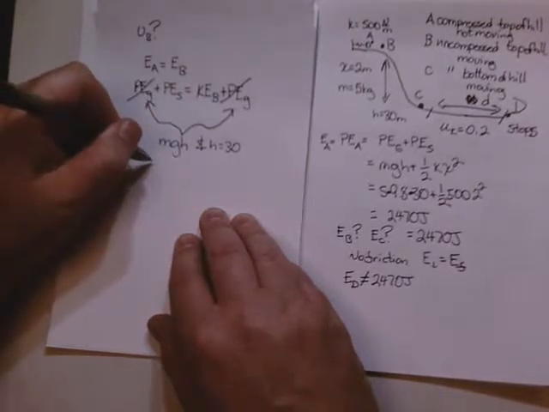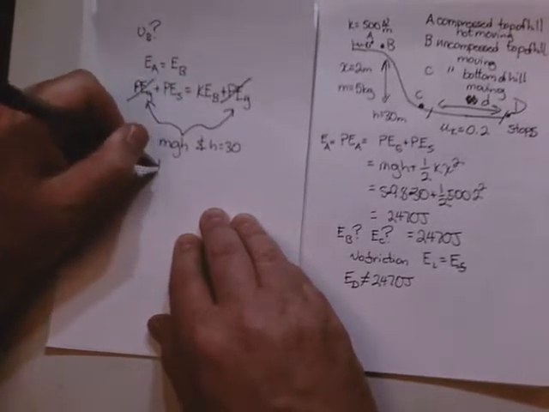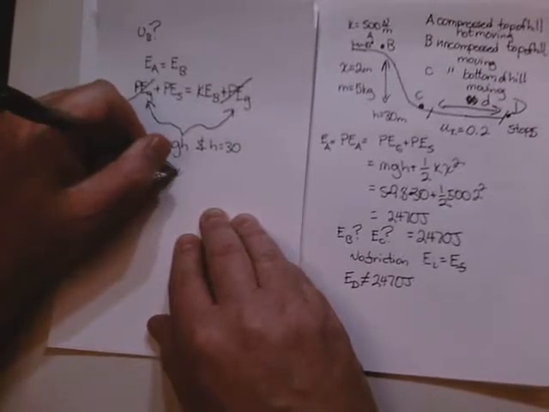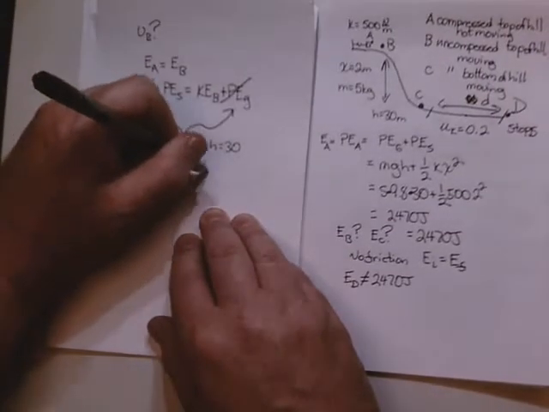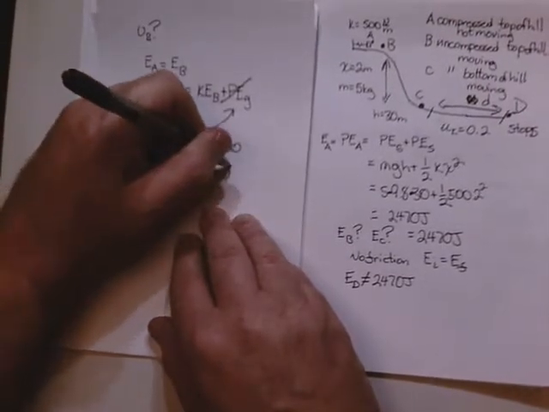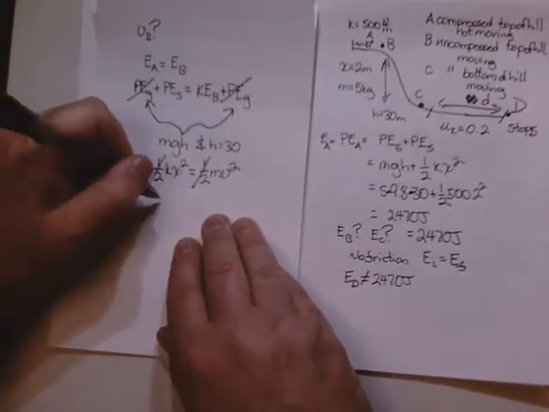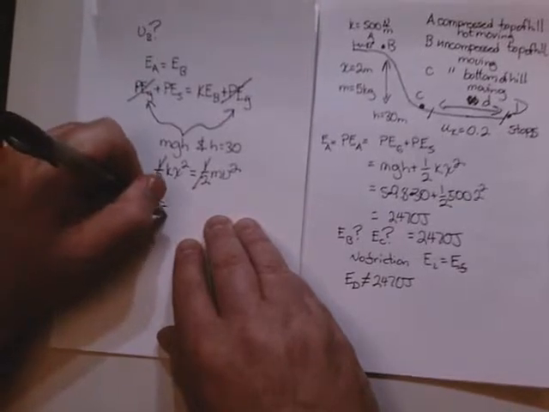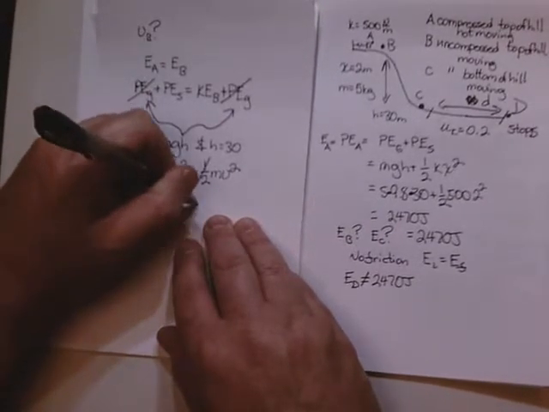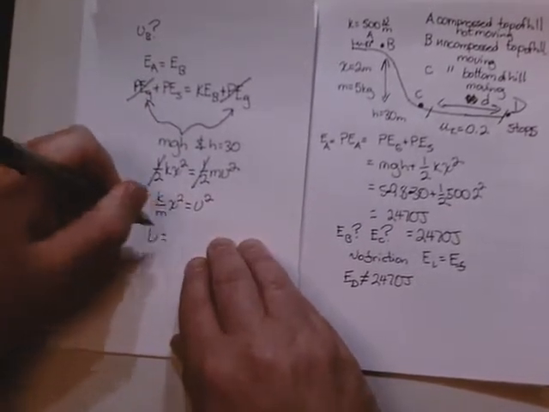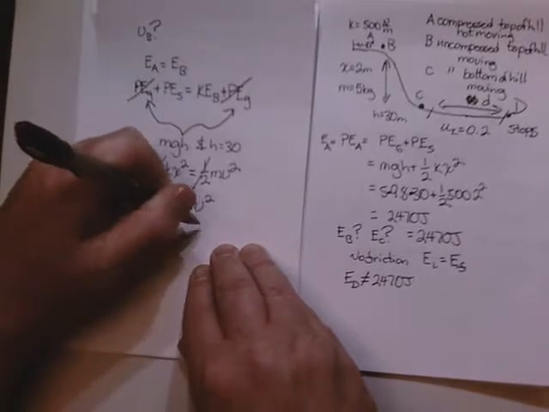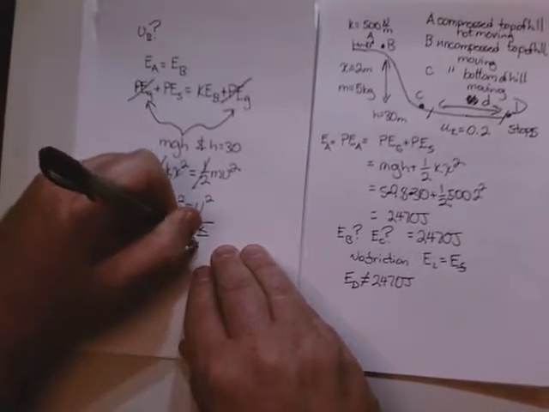That means the potential energy of the spring, 1/2 kx squared, is equal to 1/2 mv squared.